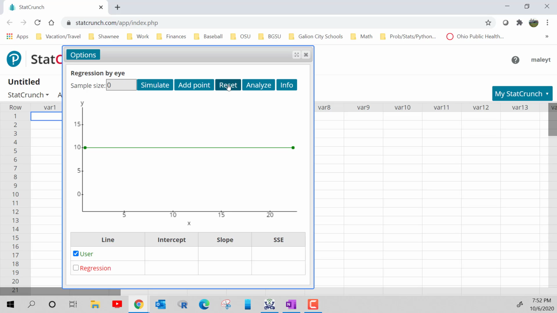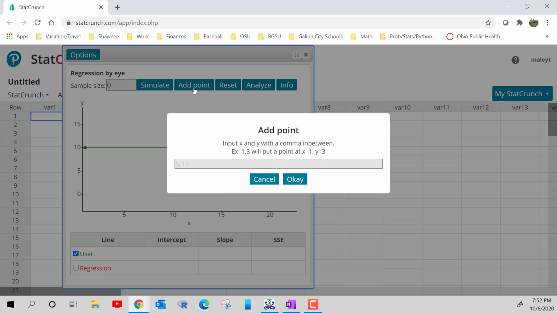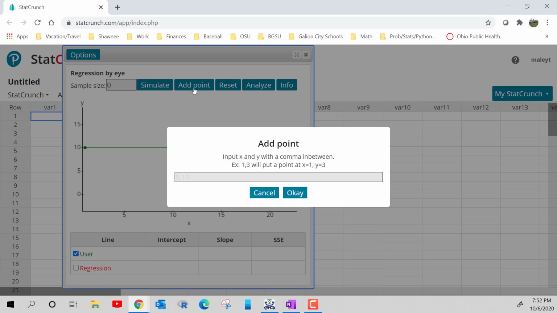The points should have a positive association. I'm just going to add some points in. Something you'll notice with how this program works is that you enter the x value, comma, the y value, without using parentheses. So I'm going to enter the point 1 comma 1.